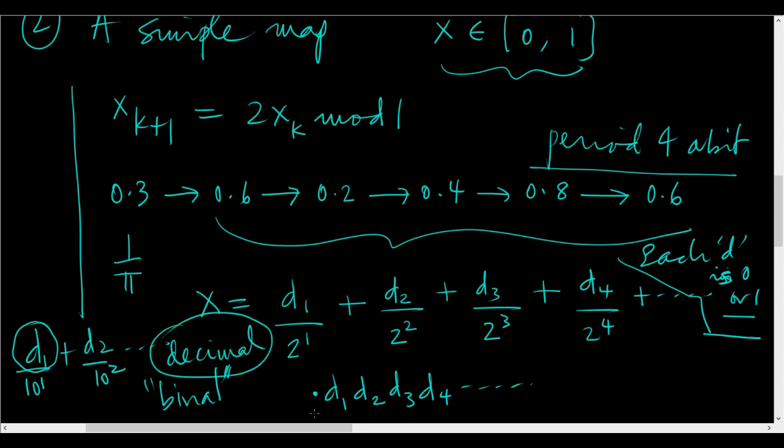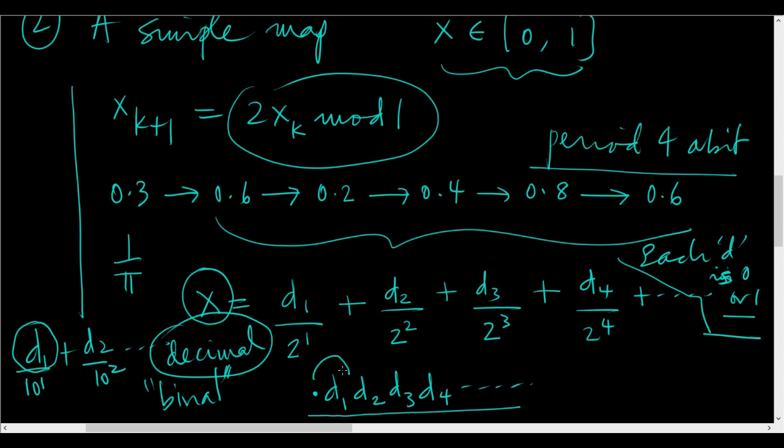So now this sequence represents x. If you can represent x using the decimal system, you can represent it using the binal system. There is no problem. And then what happens is that each time you double it, this point just moves to the right, and if this digit happens to be 1, you drop it, and if it is 0, nothing has changed.